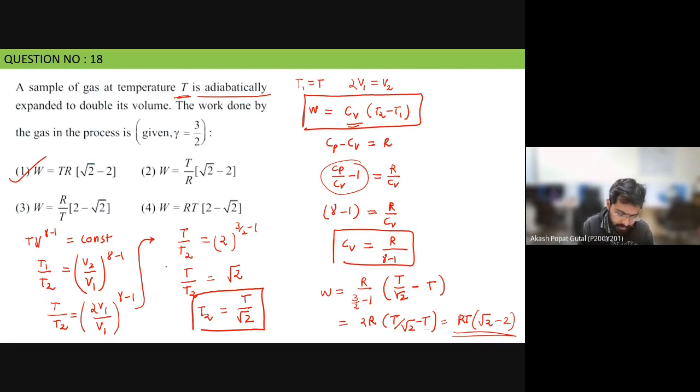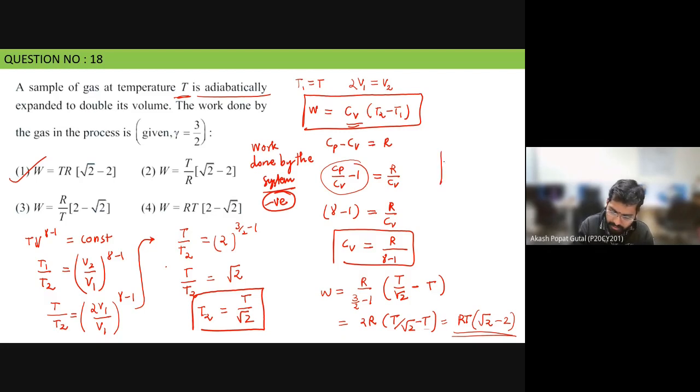As we know, this is from the chemistry perspective, so this answer will be this. In physics, it will be different, because the work done sign is different in different streams. So you just know that in chemistry, work done by the system is actually negative. How can we remember this?